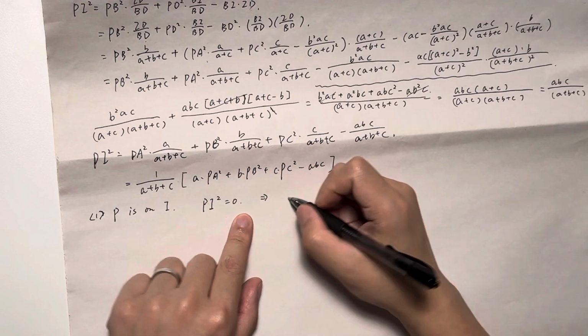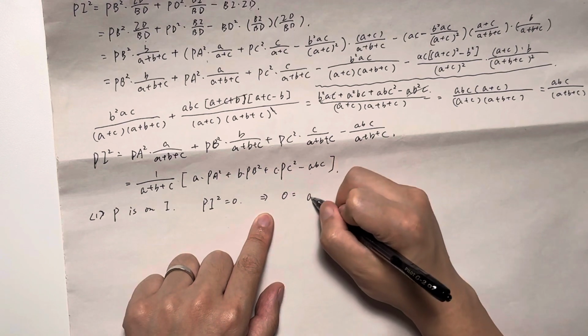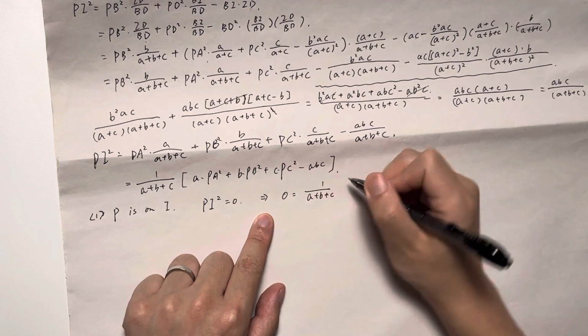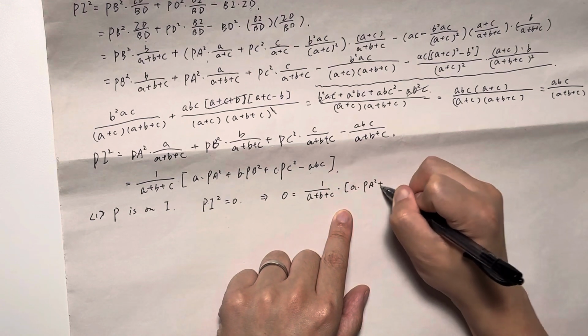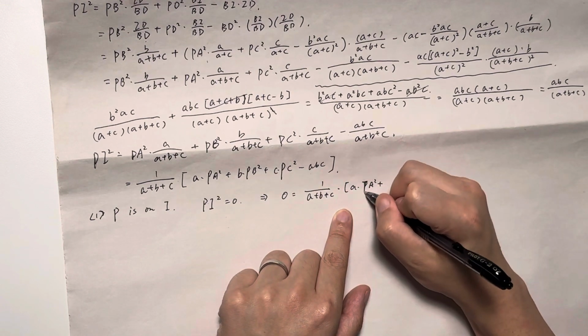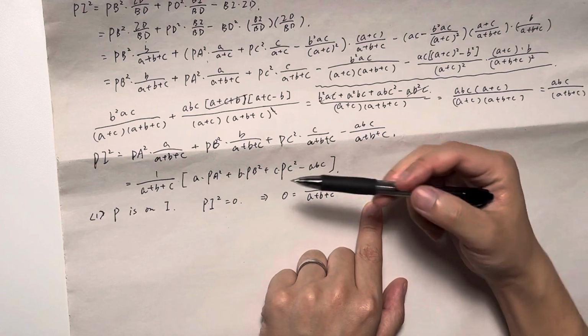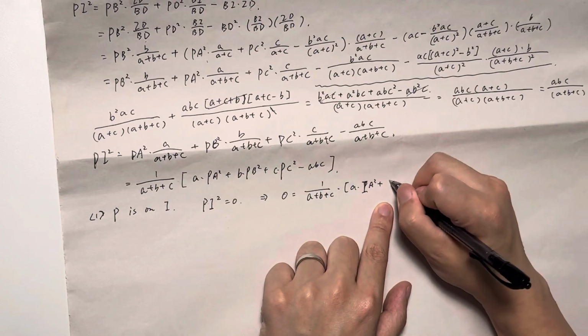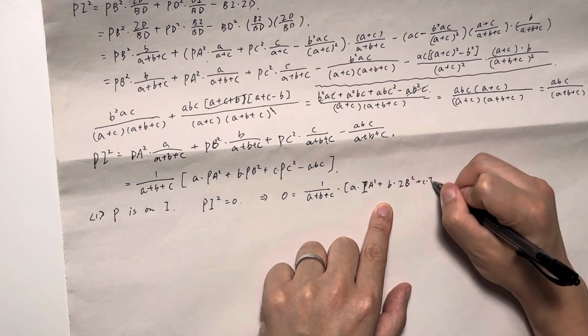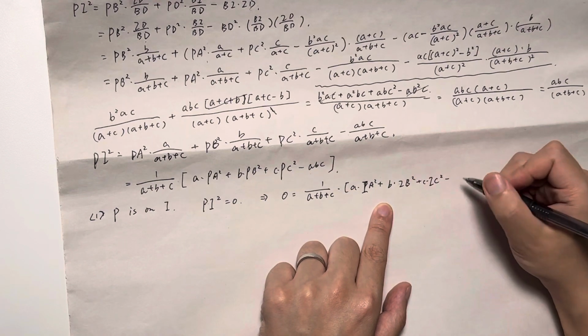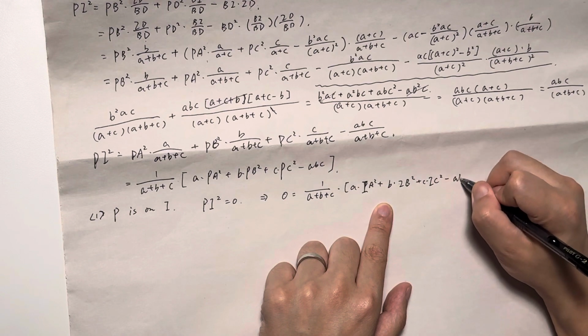That means we got 0 equals 1 over A plus B plus C times A times PA squared plus, oh, we can write as IA squared because P is on I. So A times IA squared plus B times IB squared plus C times IC squared minus ABC.